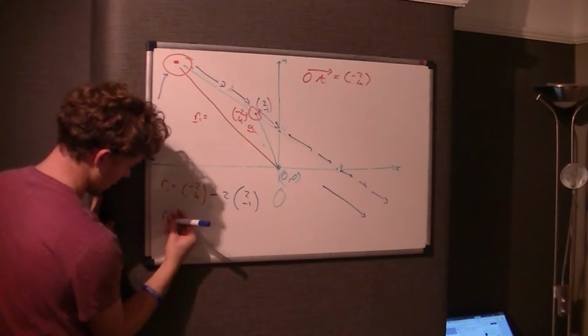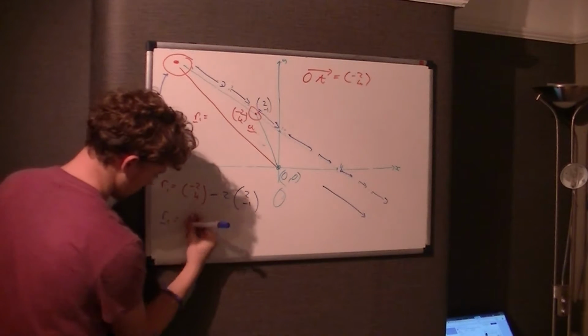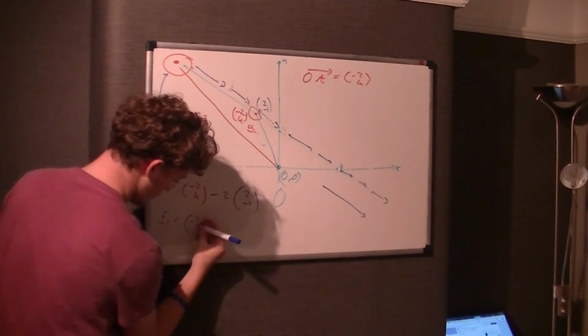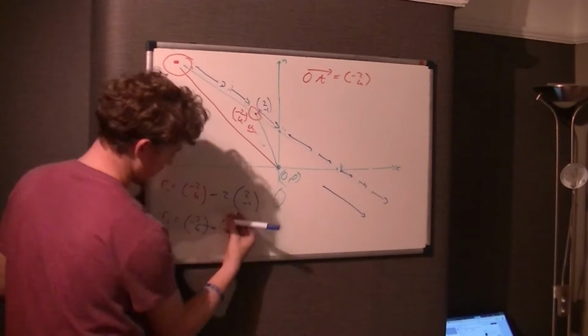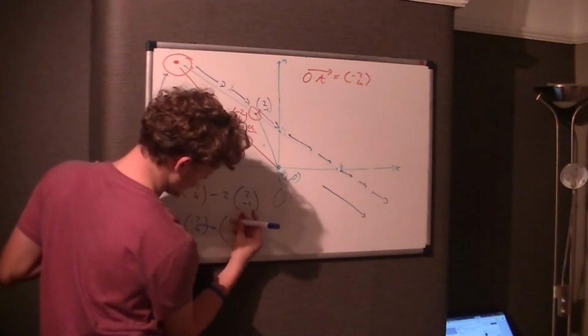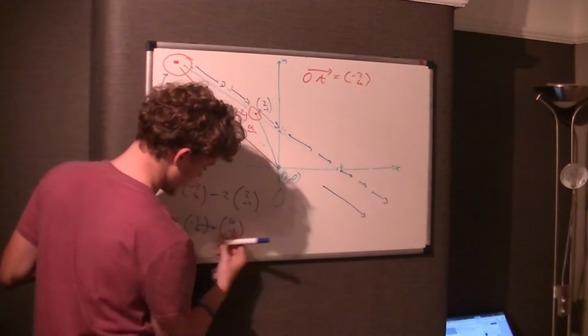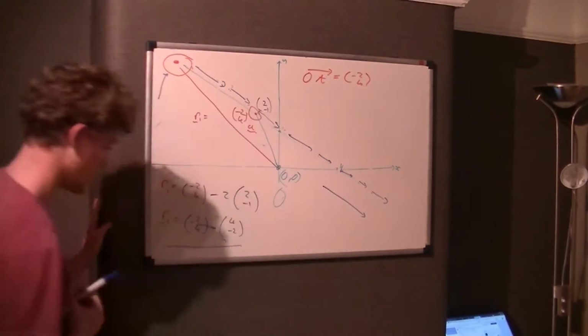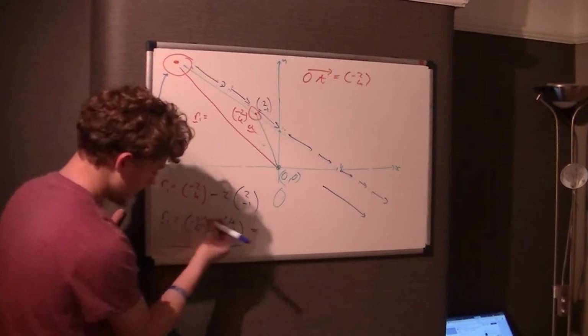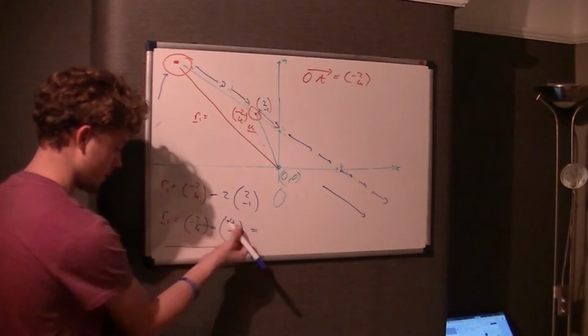So if we work this out, therefore R1 is equal to minus 2, 4, take minus 2 times 2, minus 1. That gets minus 4, plus 2. So that's the equation for R1. You work that out: take the tops, take the tops and the bottoms, take the bottoms.